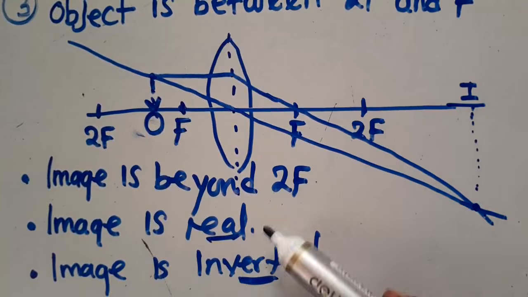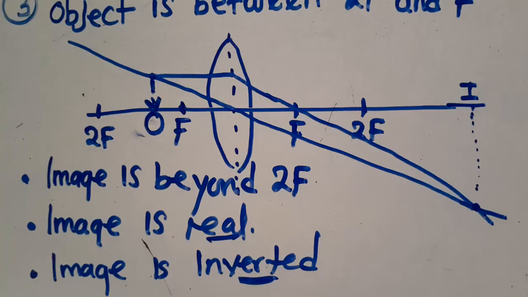So these are 2 points. Don't say real inverted. You can just say image is real, image is inverted, just like that. This is what you need to know and understand.